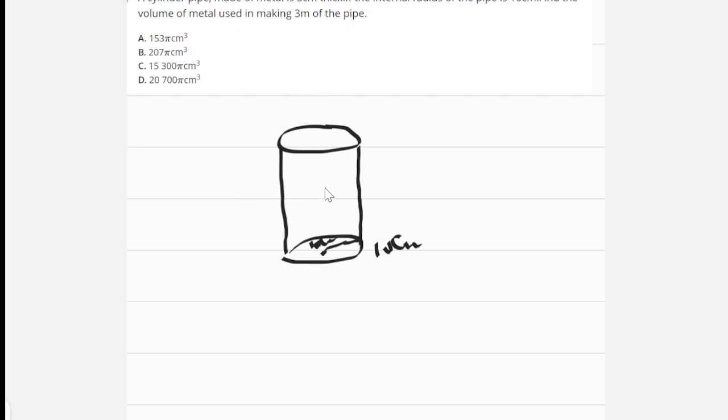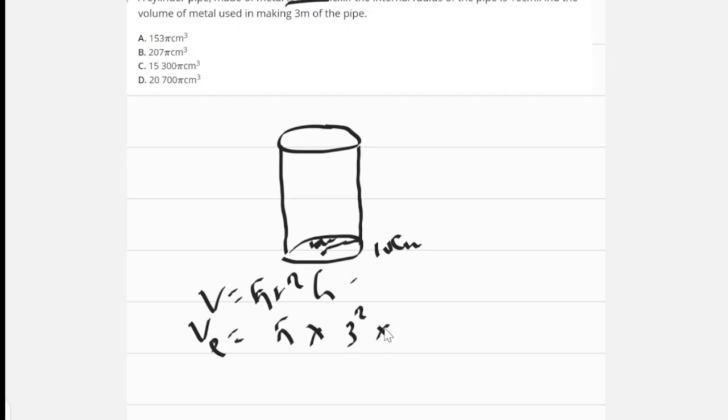Recall the volume of a cylinder is pi r squared h. Maybe the external one, VE, is pi multiplied by 3 squared h. So what is my h? Find the volume of metal used in making 3 meter of pipe.